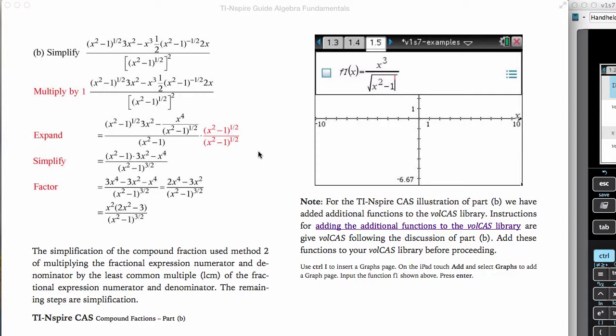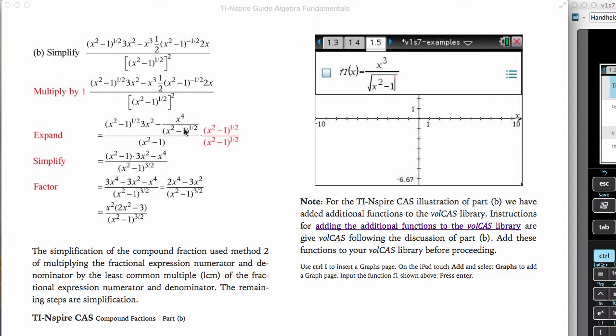Now, we're going to use method 2 to simplify this compound fraction. So we're going to switch this negative 1/2, since there's a term, into this term having a fraction. Then we look at the common denominator for the whole problem.